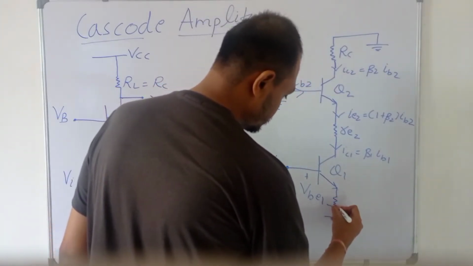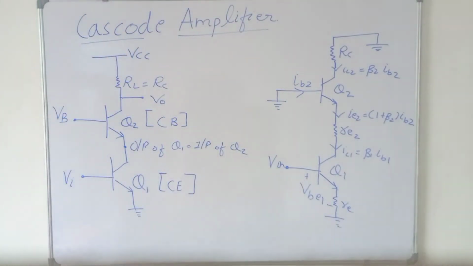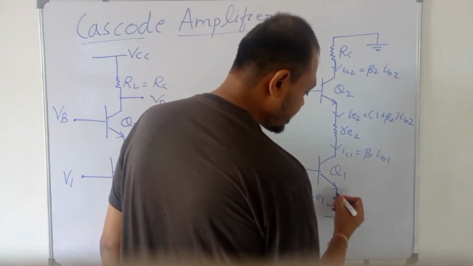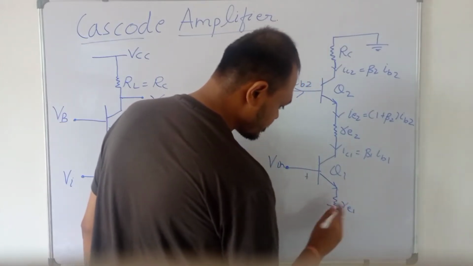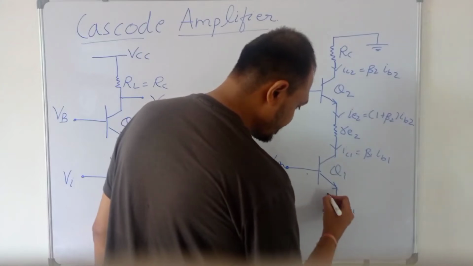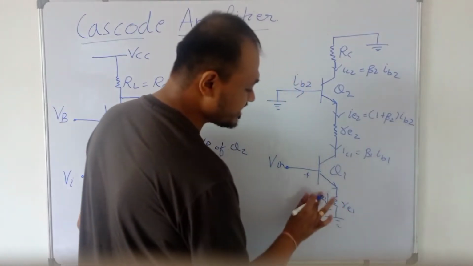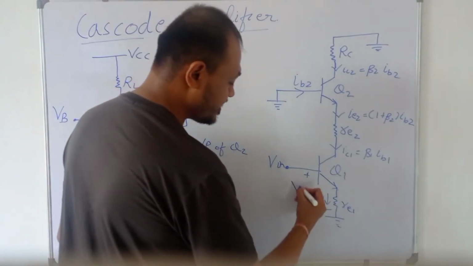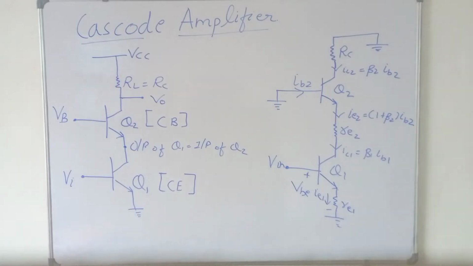This is also RE1, and the current here will be IE1. This current is IE1. Okay, this is voltage VBE. This is resistance RE1. So this is the AC equivalent circuit for this cascode amplifier.